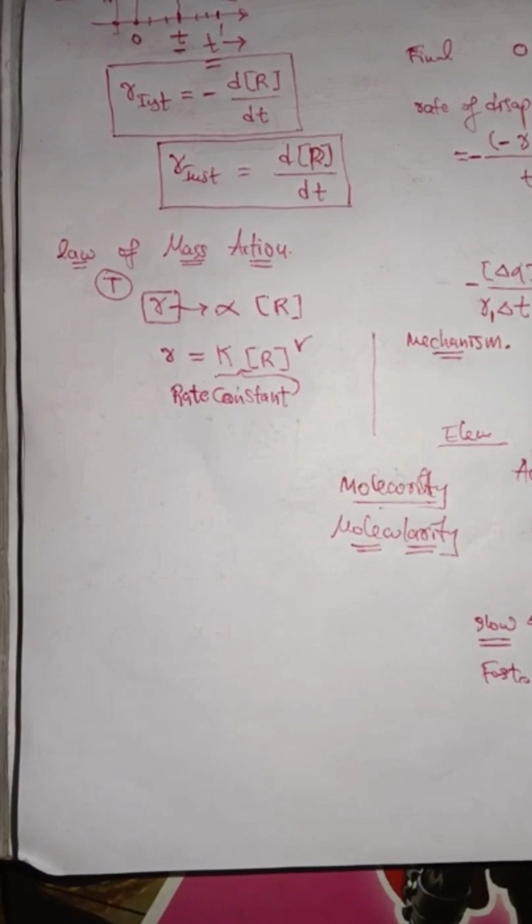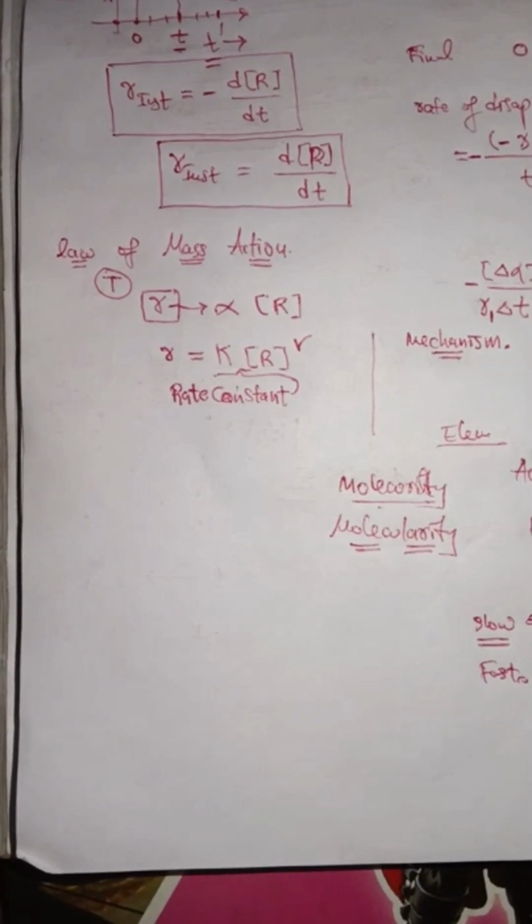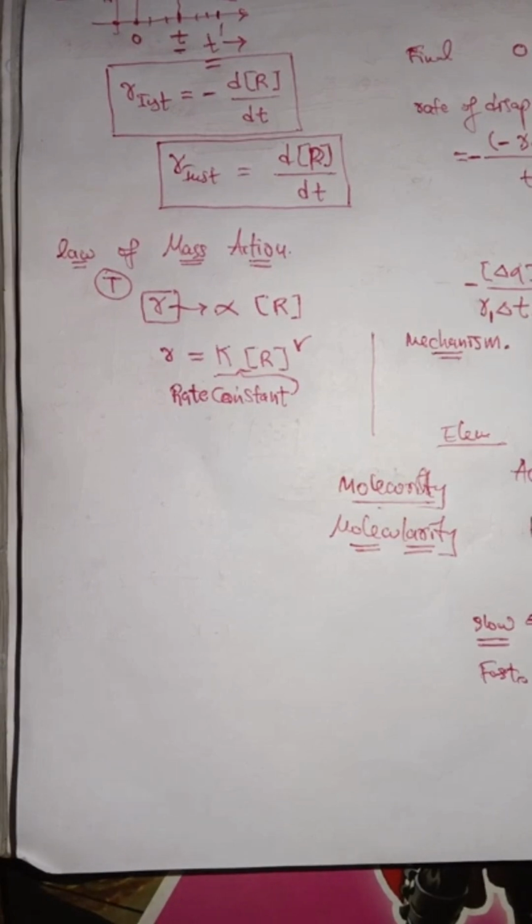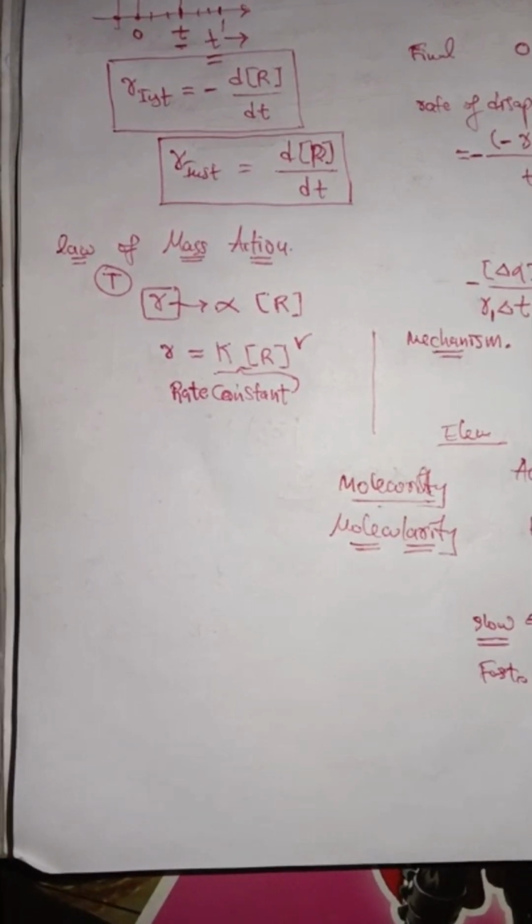Another factor that influences the rate of reaction is the nature of reactants and products. Other factors are the presence of a catalyst, surface area, and exposure to radiation. These are the factors that could change the rate of reaction.